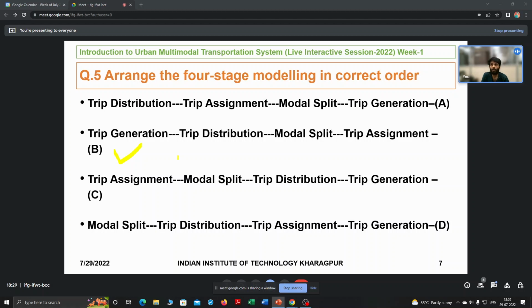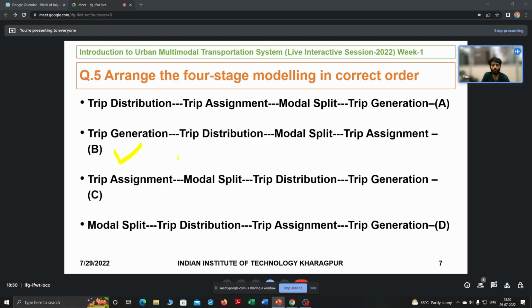Suppose you have three zones, A, B and C. Suppose your distance from A to B is less than your distance from A to C, but the population of B is less than the population of zone C. Then there will be more trips from A to C. The distance between A and B is less, but still there will be more trips between A and C because of the population. This is the kind of thing the gravity model does.